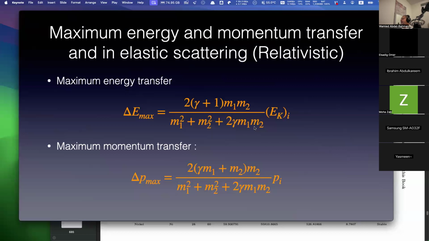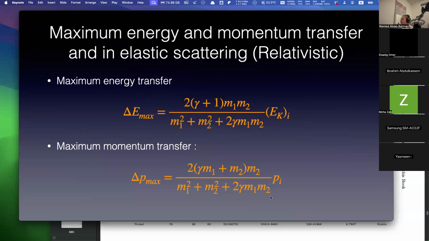It's a much larger expression. And the maximum momentum transfer, again, is given by this factor here. This is the initial momentum of the projectile, and this is the factor by which a fraction of this momentum is actually going to be transferred.